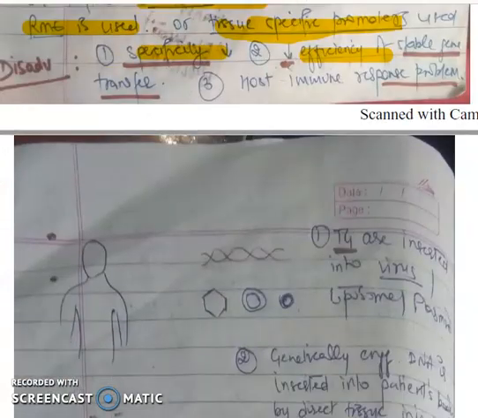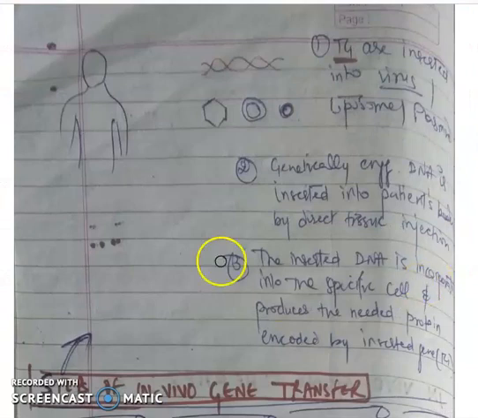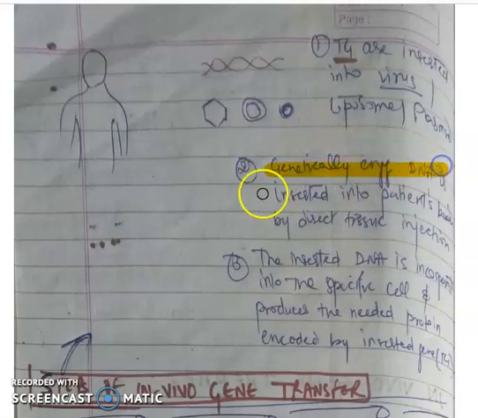So this is the diagrammatic representation of the same. The therapeutic gene is packaged into the virus, or a liposome, which is a synthetic lipid bilayer, or a plasmid. And this genetically engineered DNA is inserted into the patient's body by direct tissue injection.